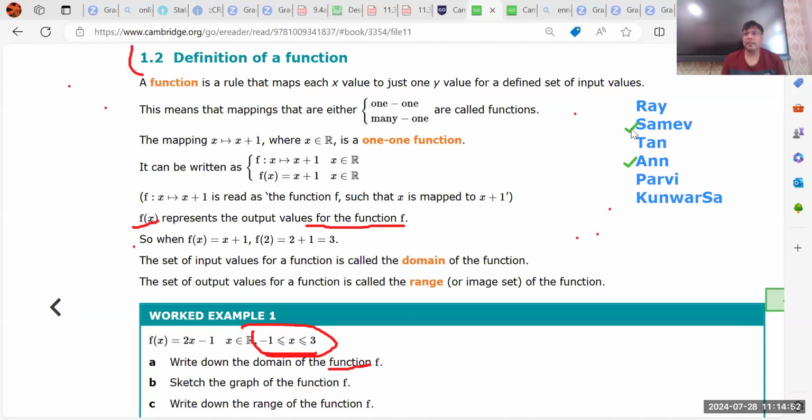So rest, kids, send the range, please. Tanish beta, I asked the range, not the domain. Ray, your sign is wrong.